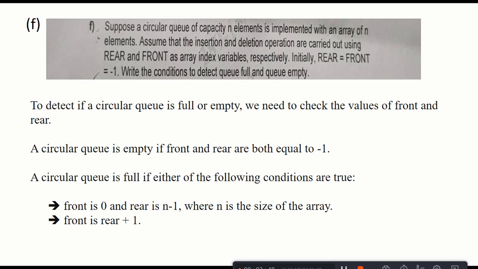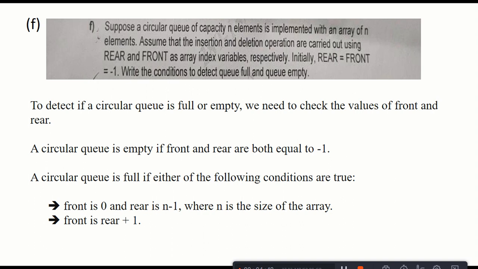As per the circular queue, if front and rear equal -1, then we know that the circular queue is empty. The circular queue is full if either of the following conditions holds: front is 0 and rear is n minus 1, since counting starts at 0 and the last index is n minus 1, where n is the size of the array.